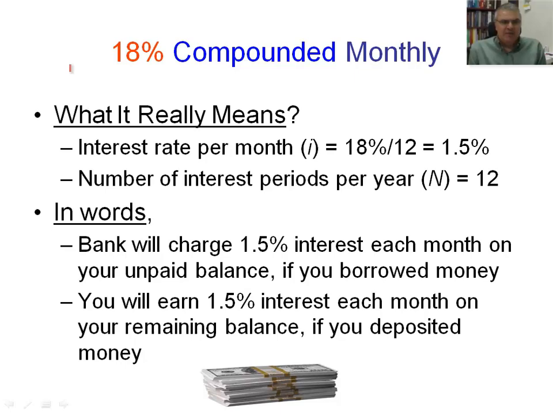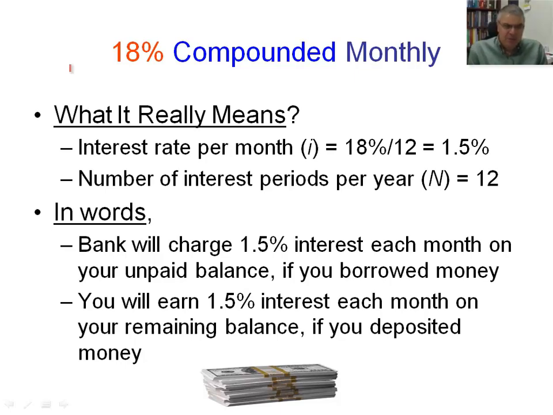So let's take a look at what it really means to have 18% compounded monthly. There is an interest rate of 18% given, and it's given that it is compounded monthly, but what does it really mean?